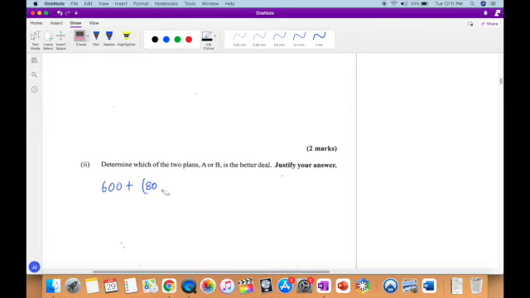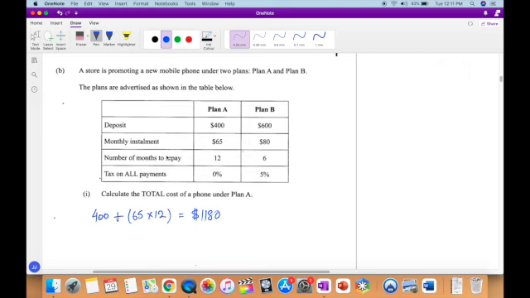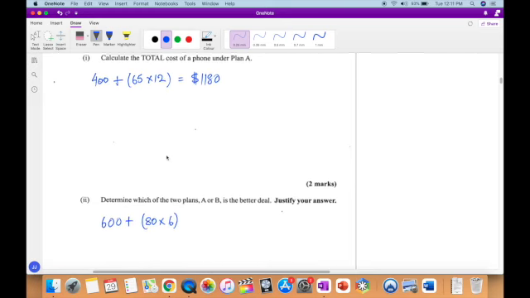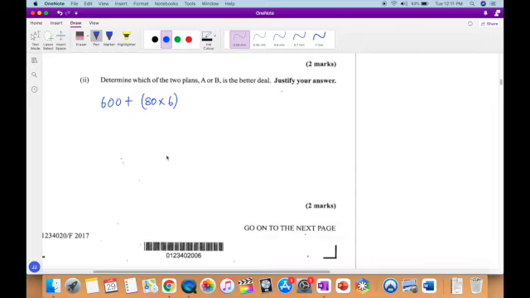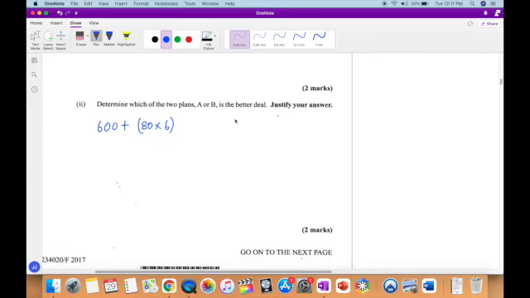Supposed to be a multiplier, so $80 times 6 months, and then we would have to find the 5% of that total there. So let's find this total first. So that total is $1,080.